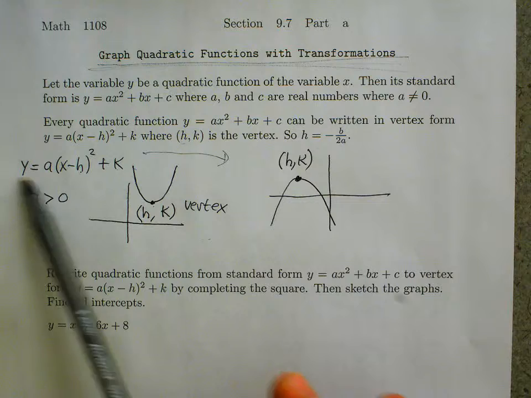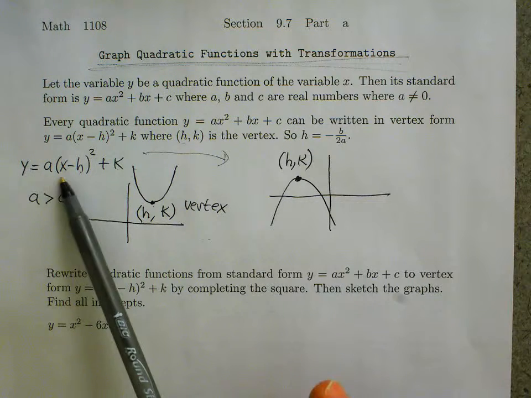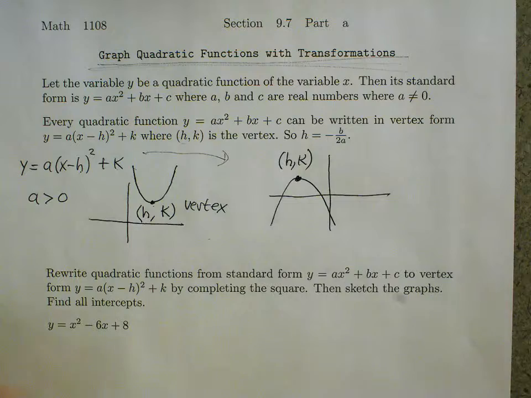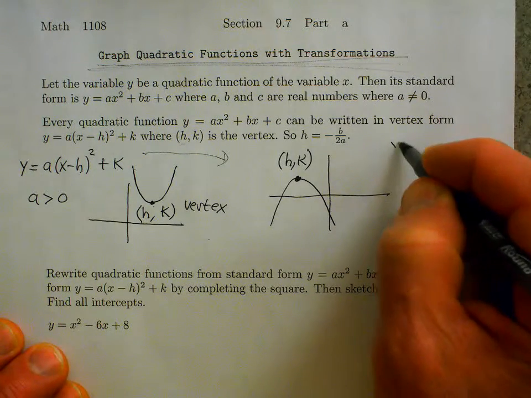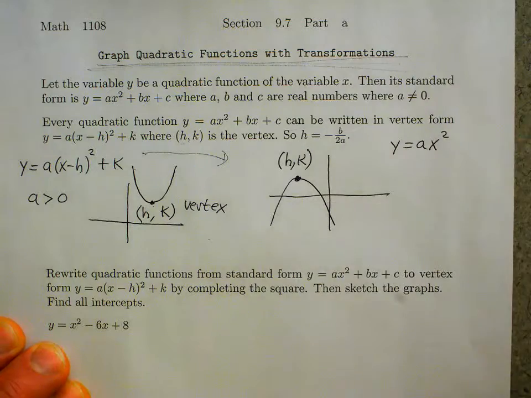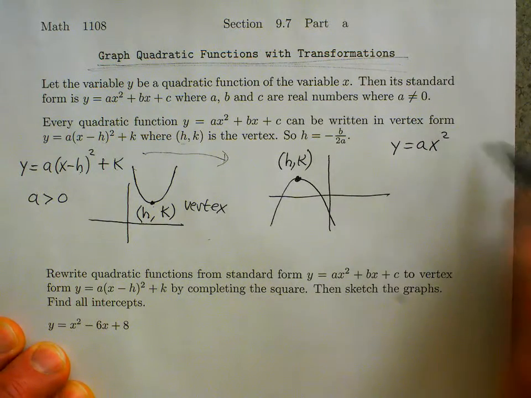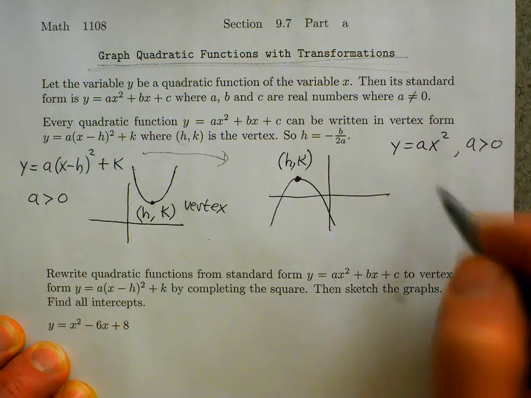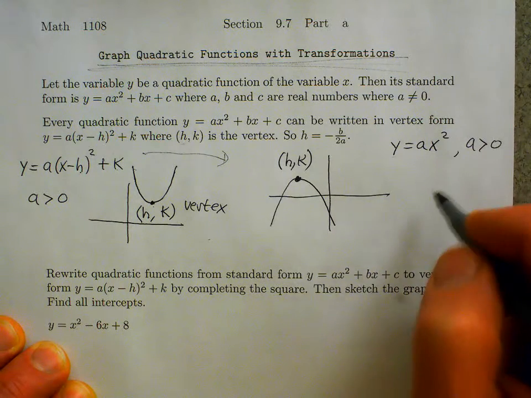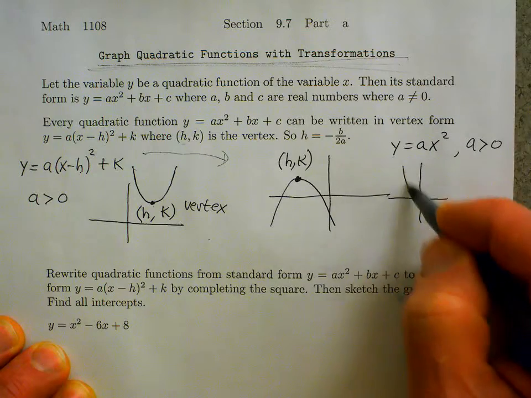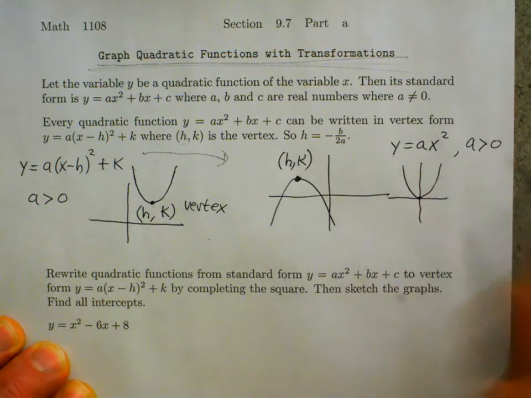So if you have y equals a times x minus h quantity squared plus k, and if you begin with y equals a times x to the second, suppose in this illustration that a is positive, so y equals ax squared has its vertex at the origin, at the point 0, 0.